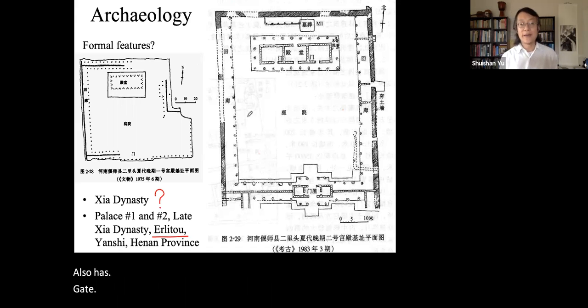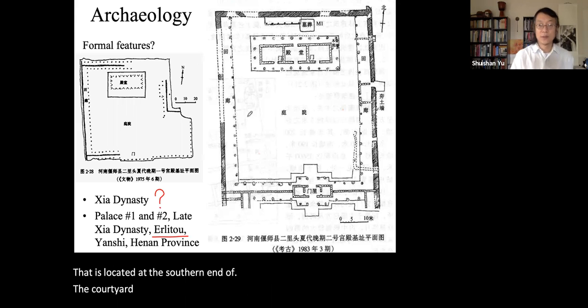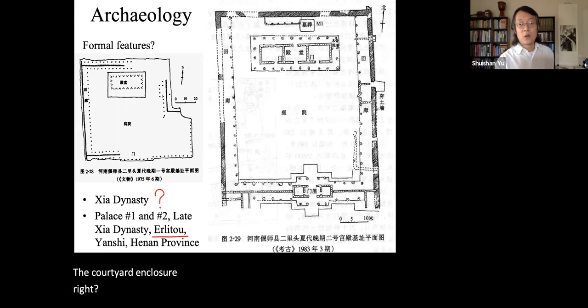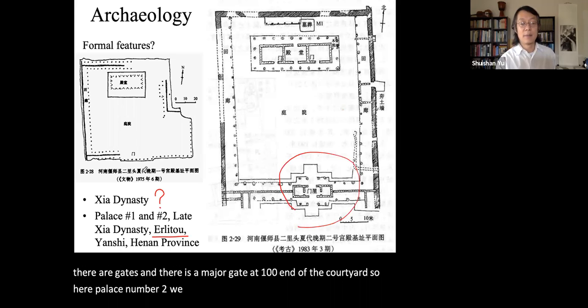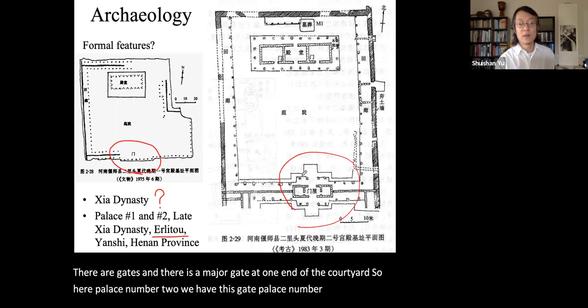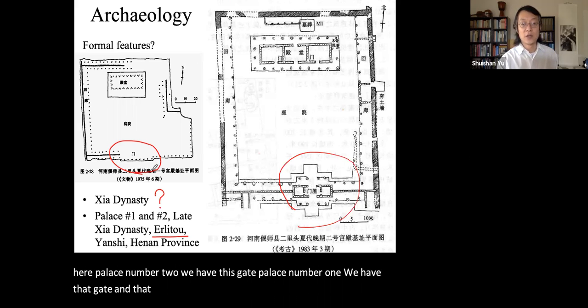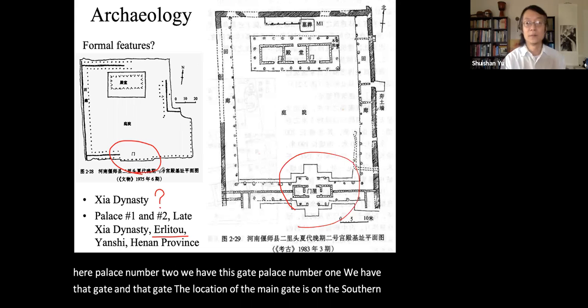that is located at the southern end of the courtyard enclosure, right? So first the courtyard, and secondly, there are gates, and there is a major gate at one end of the courtyard. So here, Palace number 2, we have this gate. Palace number 1, we have that gate. And the location of the main gate is on the southern end of the courtyard, right?